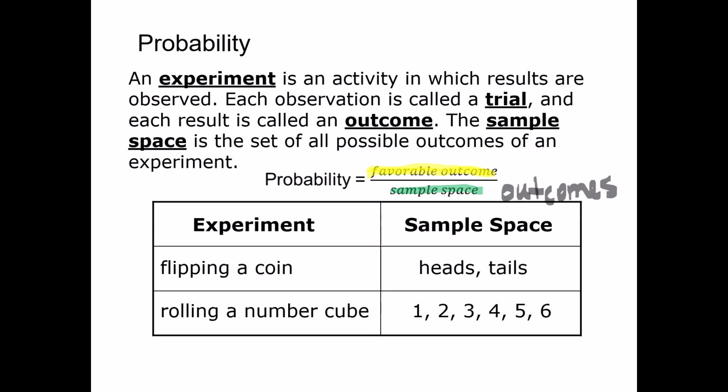If I'm flipping a coin, my sample space is it could land on heads or it could land on tails. If I'm rolling a die, I could get the numbers 1 through 6. So to find the probability, I'm going to set up a ratio that compares what I want to happen to what is possible. So our favorable, what we want, compared to the total outcomes, what is possible.